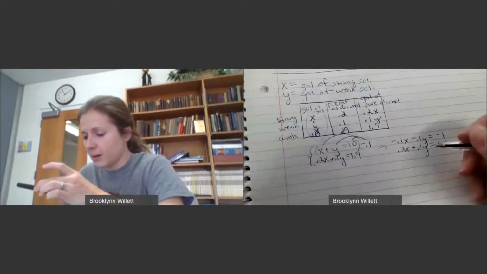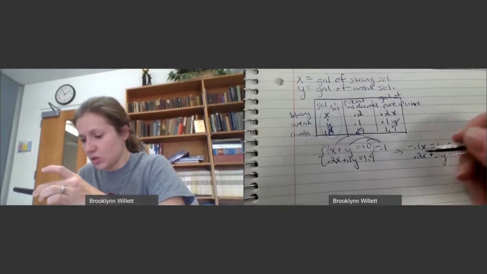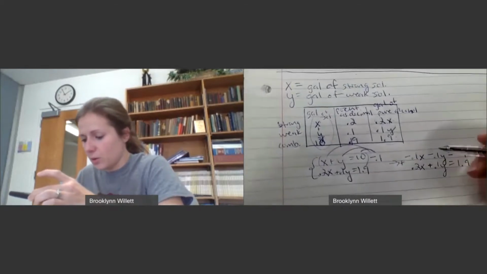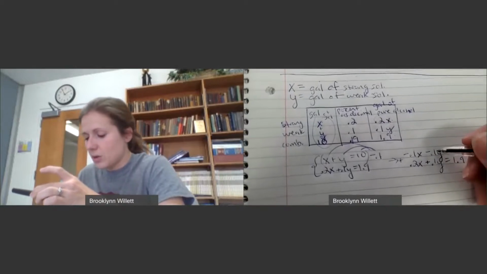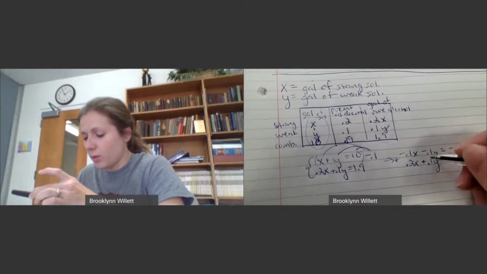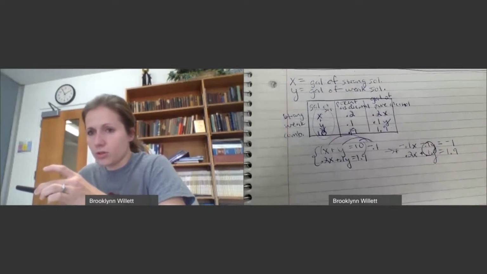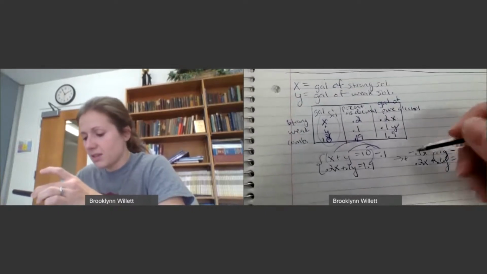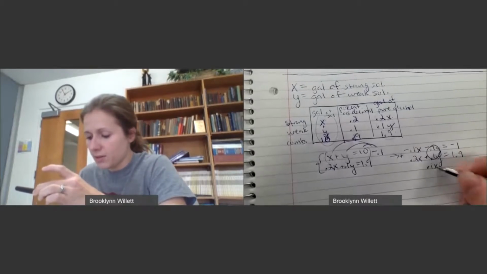So once I get here, elimination says we add. The best way to do this is just to add these equations together, and I've already got my like terms stacked on top of each other. Negative 0.1 plus positive 0.1 is 0, so I'm just going to circle a 0 there because I have 0 y's now. For my x's, negative 0.1 plus positive 0.2 is positive 0.1x.